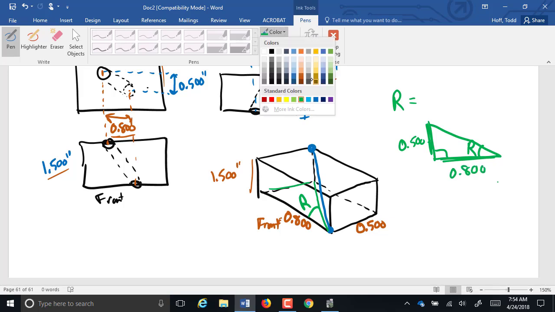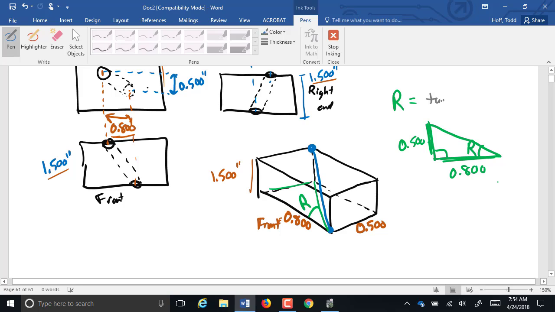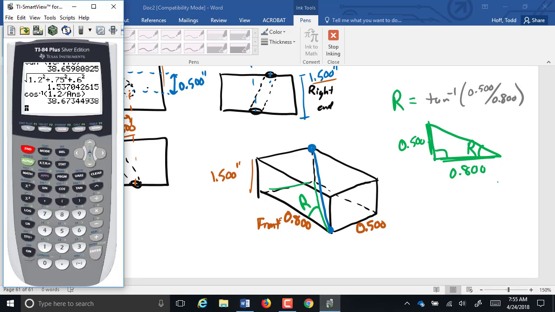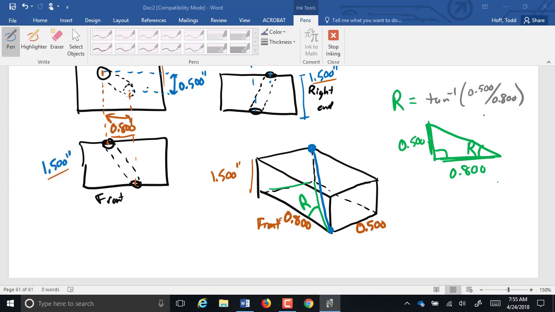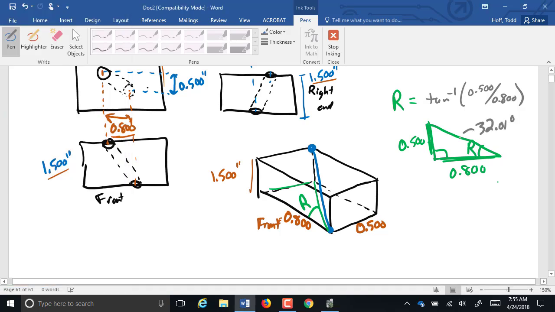So R is going to be an inverse tangent because we've got opposite and adjacent there. So 0.5 over 0.8. 32.01 degrees. So we need to rotate it just over 32 degrees, 32.01 degrees.